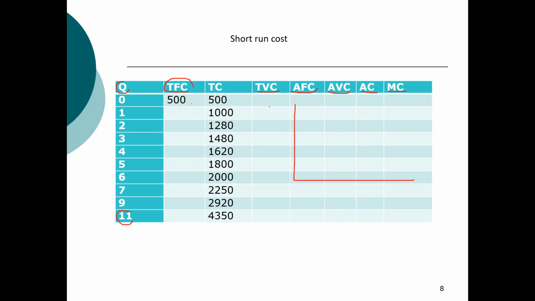The first one: on this axis, put the quantity Q, and here total cost, total variable cost, the fixed cost.